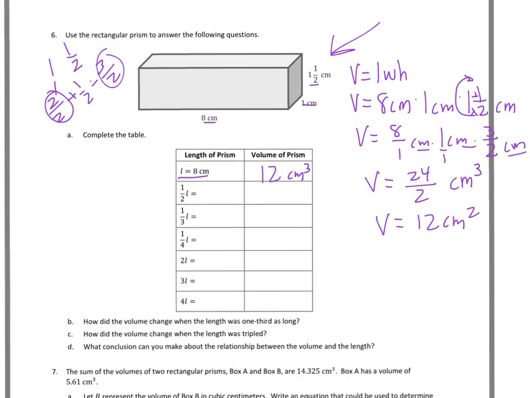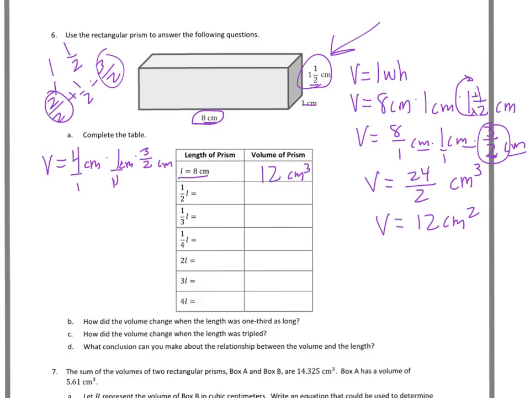Now, what if I take half of the length? So now it's not 8 times 1 times 3 halves. I need 4 times 1 times 3 halves. And the reason why I'm going to keep it at 3 halves is because I already changed it over here, and I know it's going to stay the same.